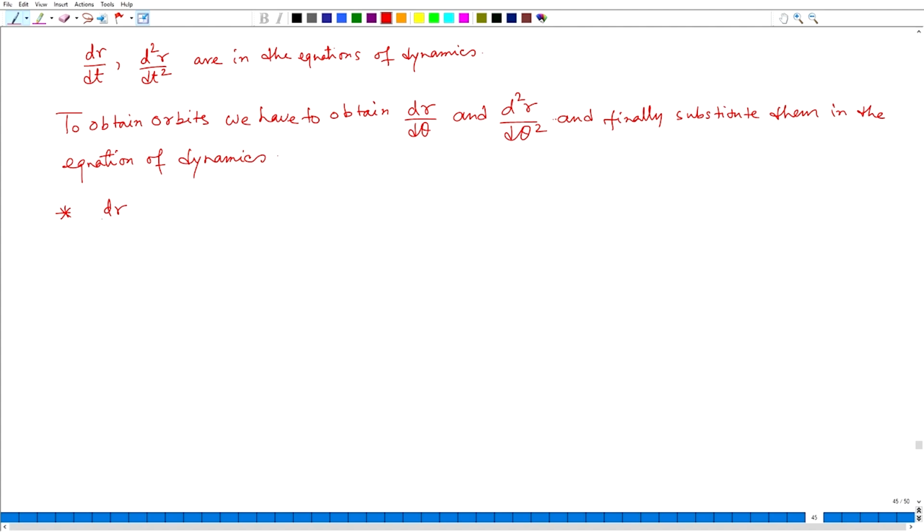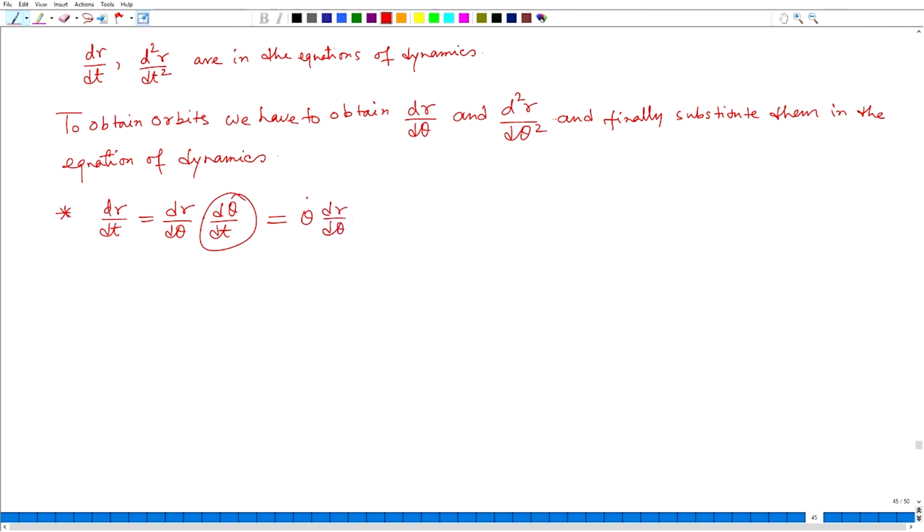Of course, you know dr dt will be equal to dr d theta times d theta dt, and d theta dt is theta dot.